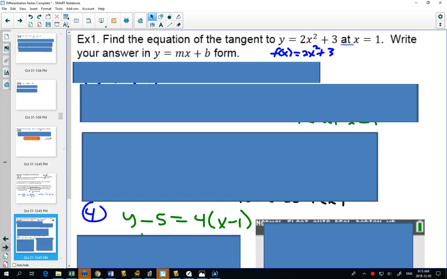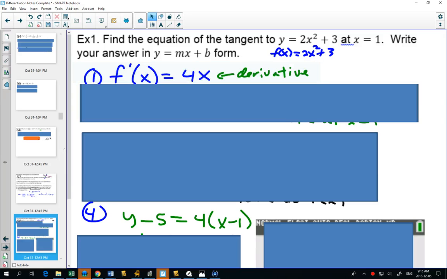So we want to find the equation of the tangent to that parabola at x equals 1. We want to write our answer in y equals mx plus b form. So first of all, we could find the derivative.